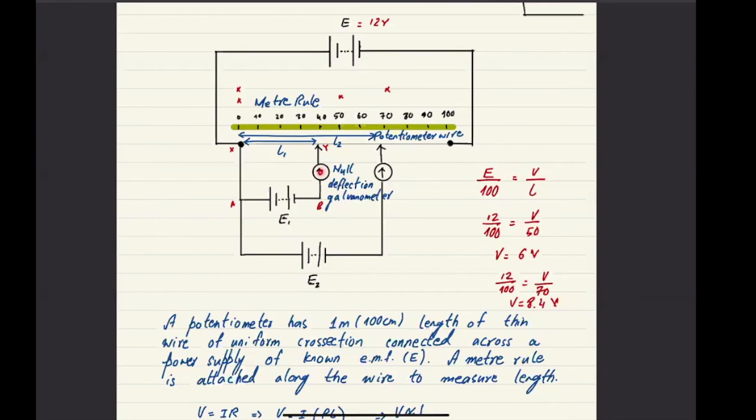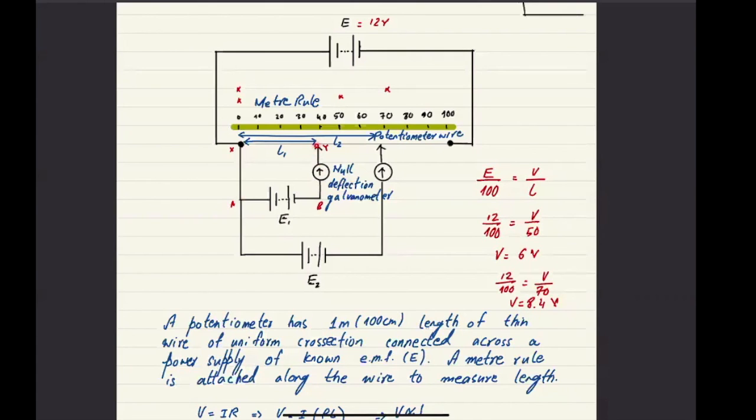And when does the current not flow? When there is no potential difference. So that means the voltage between A and B must be equal to the voltage between X and Y, because had there been a difference of potential, then there would be a current flow.